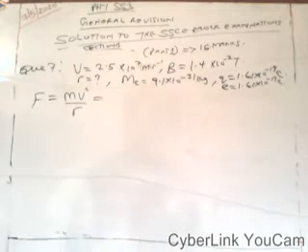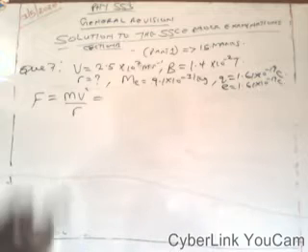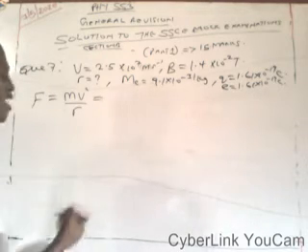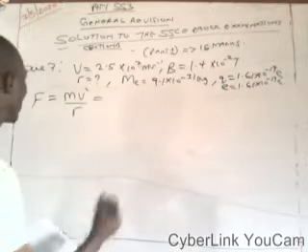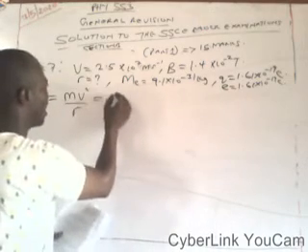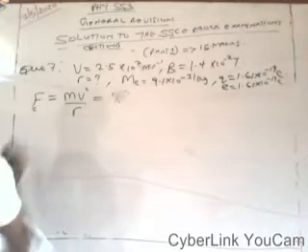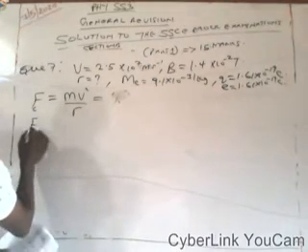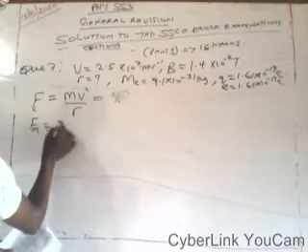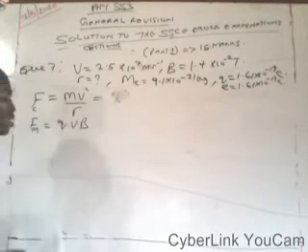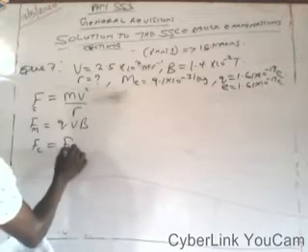Because the electron is moving in the presence of a magnetic field, there is also a magnetic force acting on it, equal to QvB.